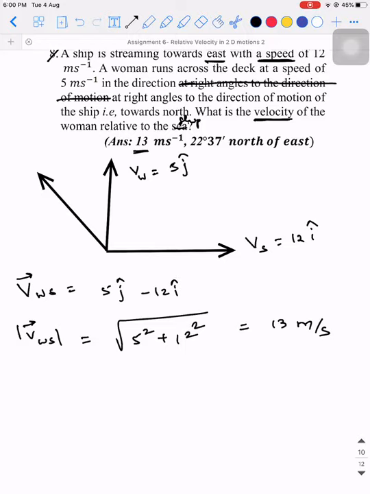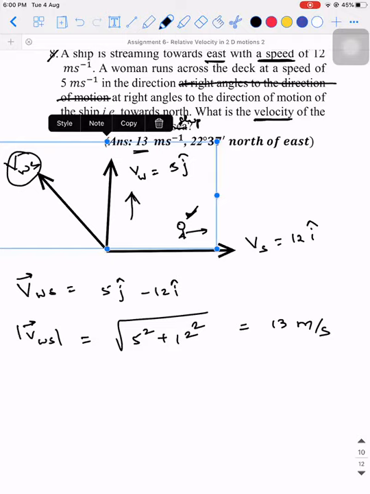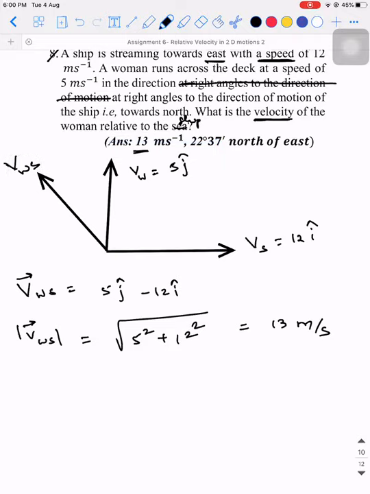So for a person who is moving like this, when this woman is trying to run, it will appear as if she is actually going in this direction. Okay, so that is the meaning.